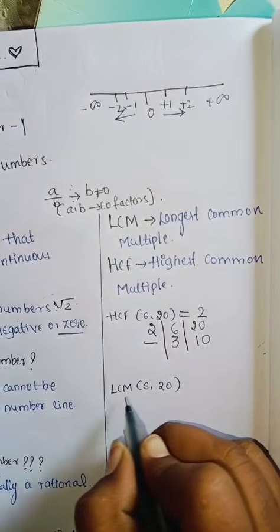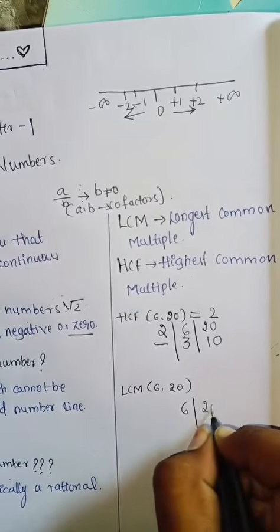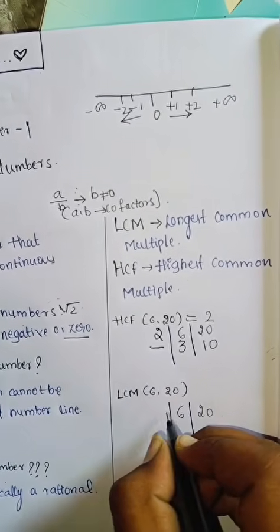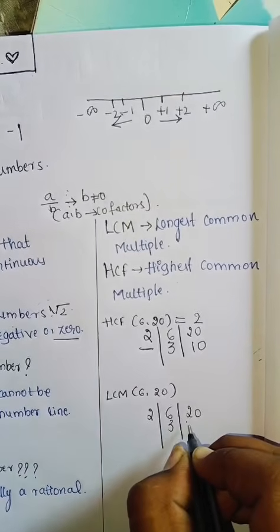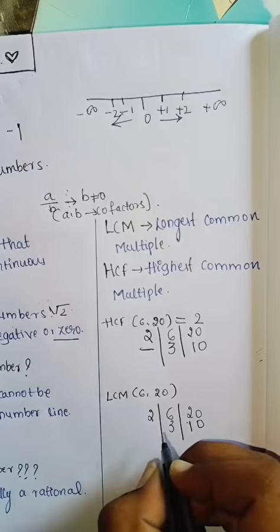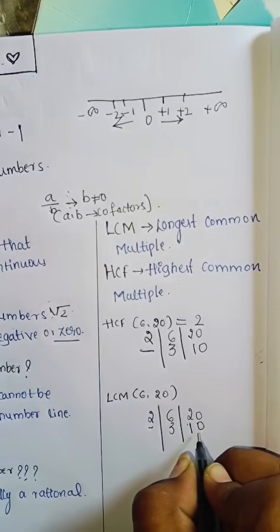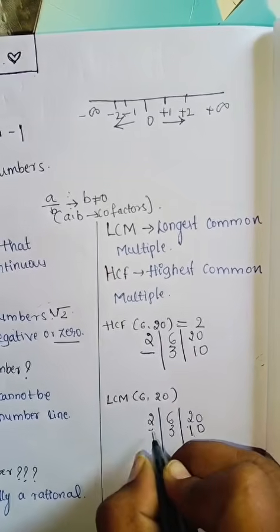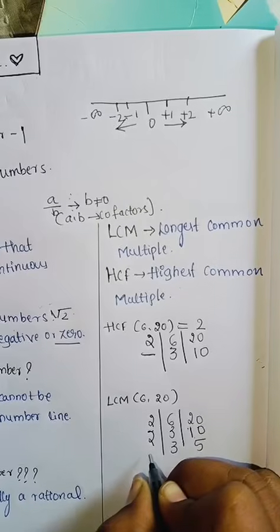Also, how can we find the LCM of both the numbers? 6 and 20. We can take 2 here. 2 3s 6, 2 10s 20. Also we can take 2 here. We should keep 3 as it is here. 2 5s 10.